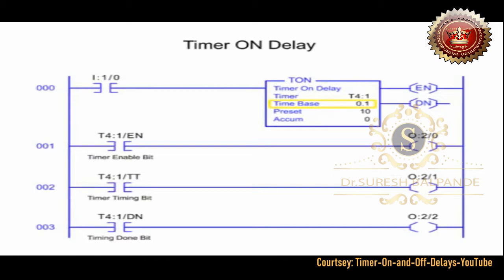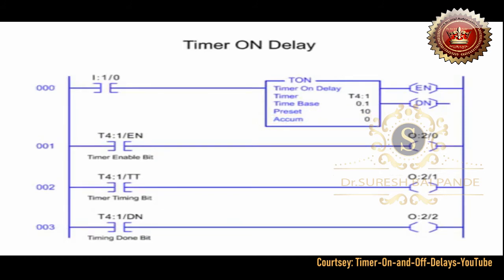Common time base values include 0.01, 0.10, 1.0, and 10 seconds. The preset value is the time duration of the timer circuit. The preset value sets the time the timer will accumulate to. The accumulated value is the time incremented as the timer is timing.